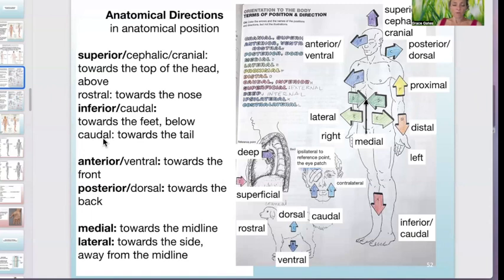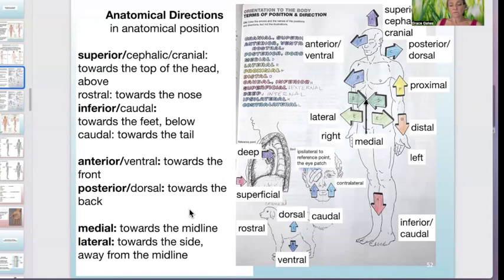And then caudal is used in this class, and it means towards the tail, as in an animal with 4 legs, but also towards the tail of a human. Anterior means towards the front, posterior means towards the back.